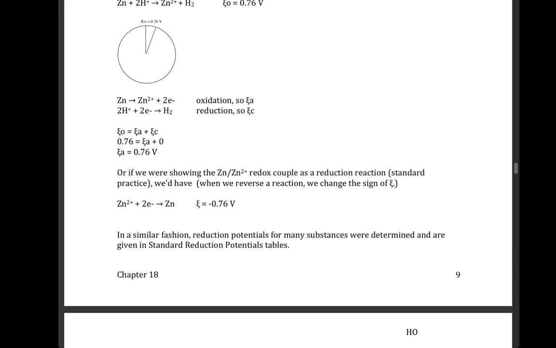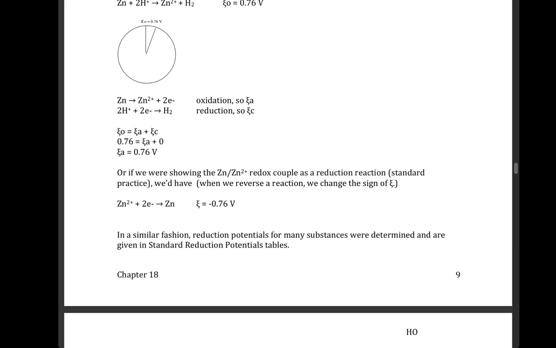Now, that's written for zinc as an oxidation half reaction, which is what it's doing in this particular cell. If we were showing it as a reduction half reaction, then we would reverse the reaction, so write it as zinc 2 plus plus 2 electrons yielding zinc, and we would have to change the sign of the potential, so it would be negative 0.76 volts.